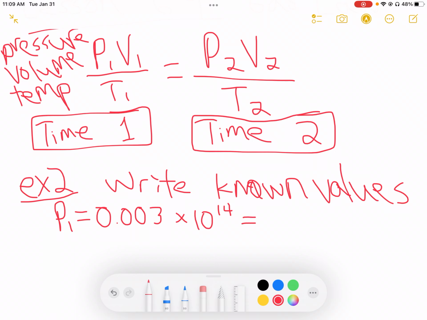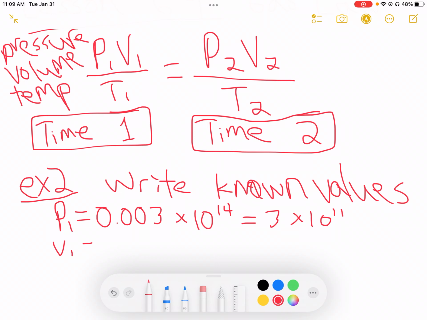Now I want to rewrite this, which would probably be the best thing to do. So I write 3 times 10 to the what? I'm moving over 3 to the right side, so I'll have 3 times 10 to the 11.